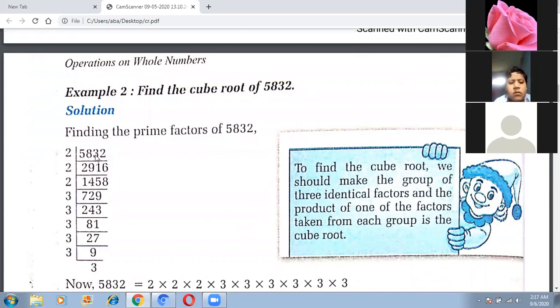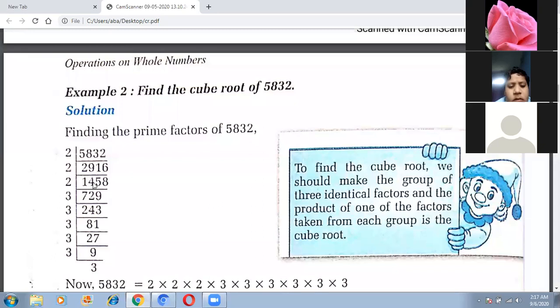5832 is divisible by 2, it is an even number. All even numbers are divisible by 2. So you can divide by 2. 2 into 2916 is 5832. Again, 2916 is divisible by 2. 2 into 1458.